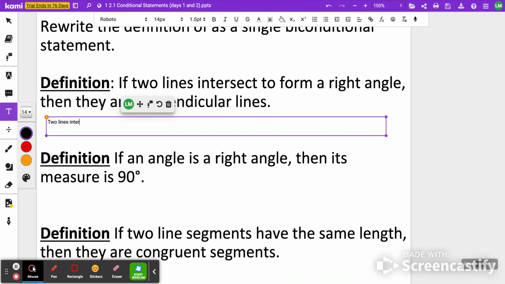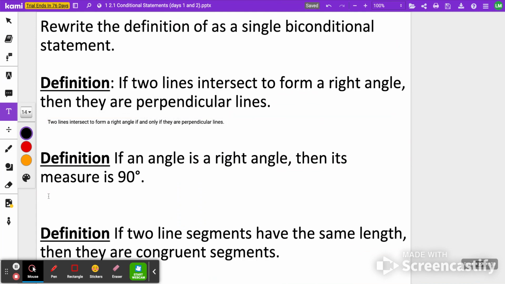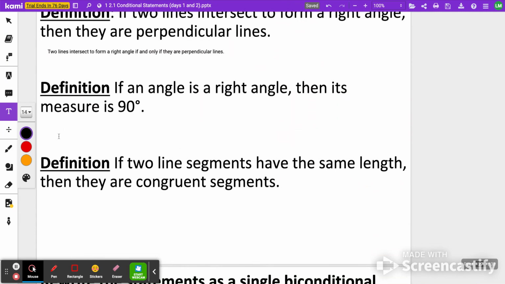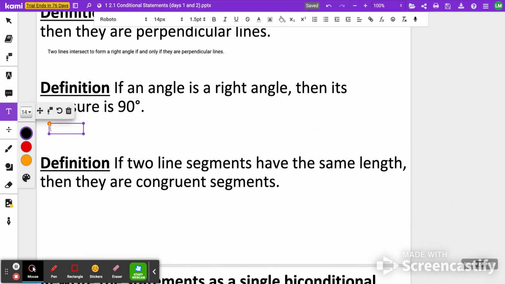Two lines intersect to form a right angle if and only if they are perpendicular lines. So notice how I wrote the if and only if, okay? The next one, if an angle is a right angle, then its measure is 90 degrees. So an angle is a right angle if and only if it is measuring 90 degrees.